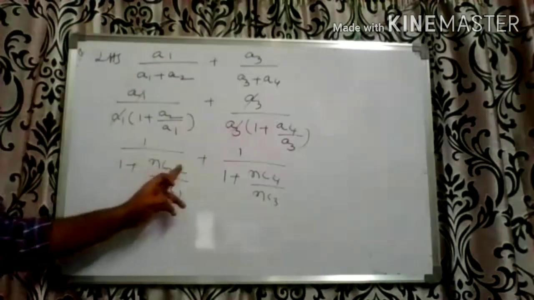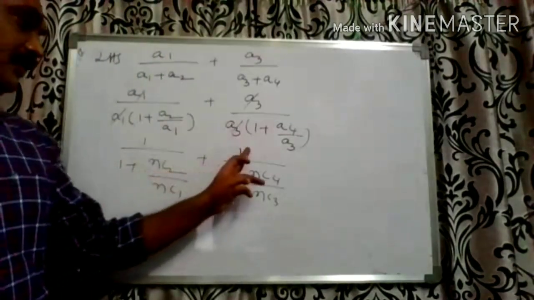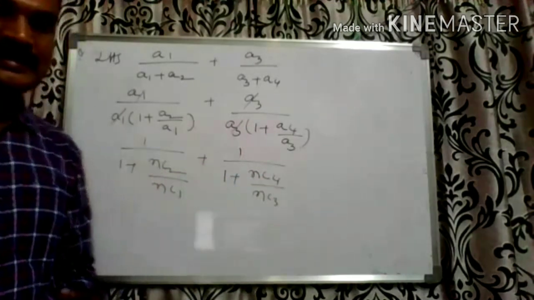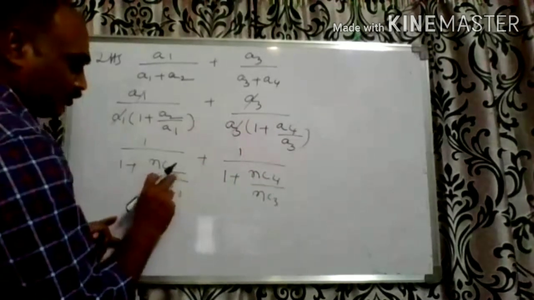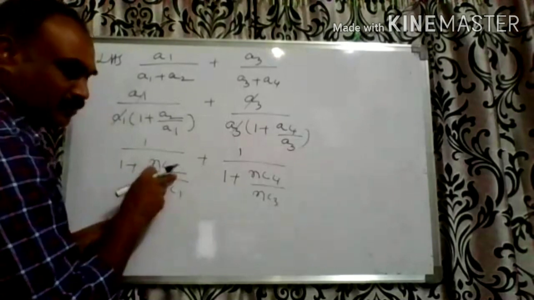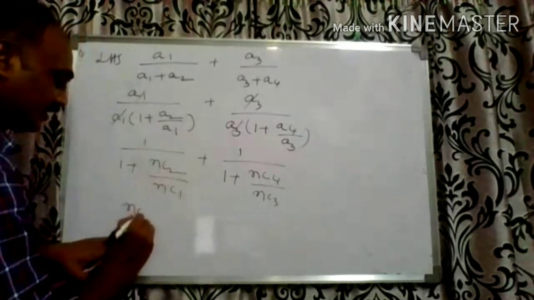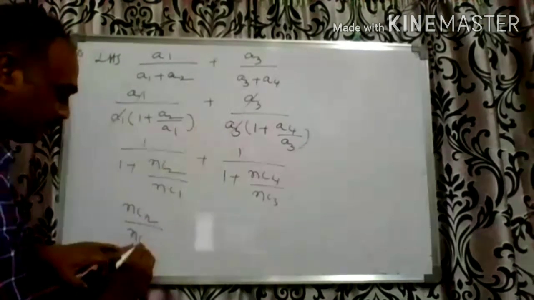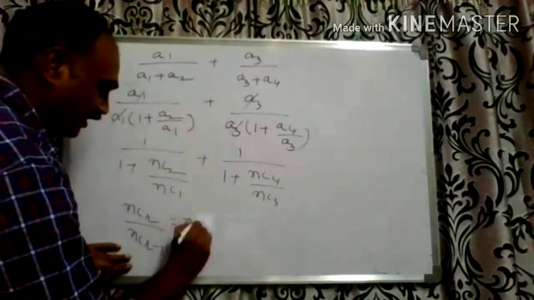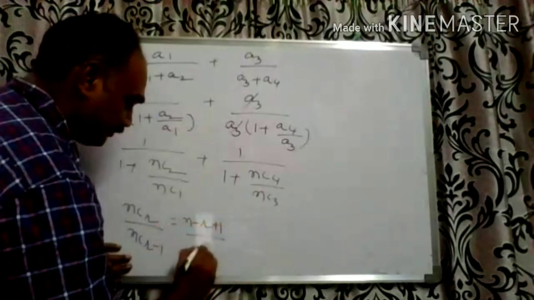One by (1 plus nC2 by nC1) plus 1 by (1 plus nC4 by nC3). For nC2, suppose r is 2, r minus 1 is 1. Apply the formula nCr by nC(r minus 1) is equal to (n minus r plus 1) by r.